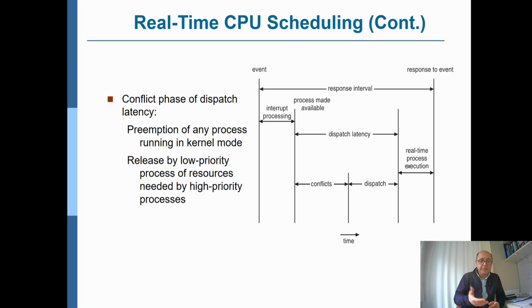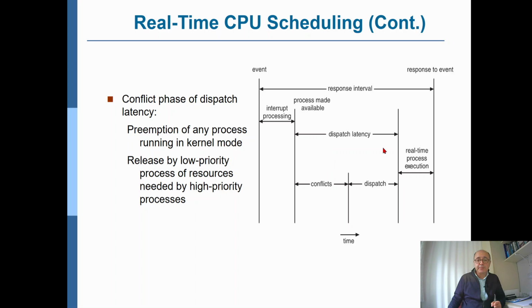So you preempt that, and to be able to do that, you should first resolve the conflicts and release the resources held by the low priority process to the high priority process, so that you don't have, for example, priority inversion problems.